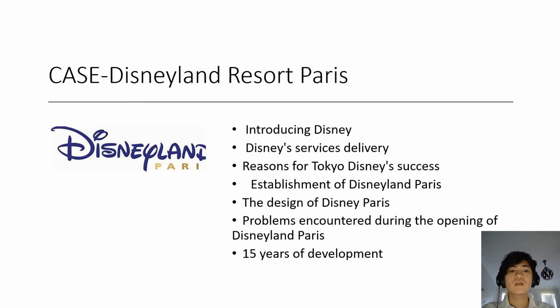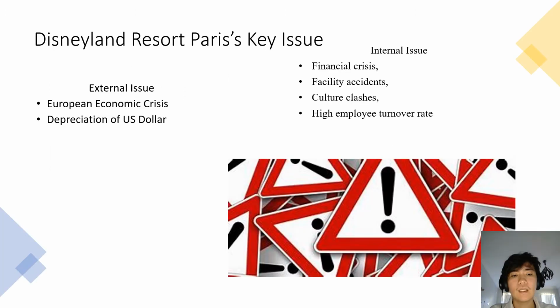The case also showed how the Disney company designed Disneyland Paris. Then the case discussed the main problems encountered when the park opened, and summarized the situation of Disney in the 15 years after its opening, including the crises and the opportunities. Despite a 16% revenue increase in 2006, Disneyland Paris still has several external and internal problems to face.